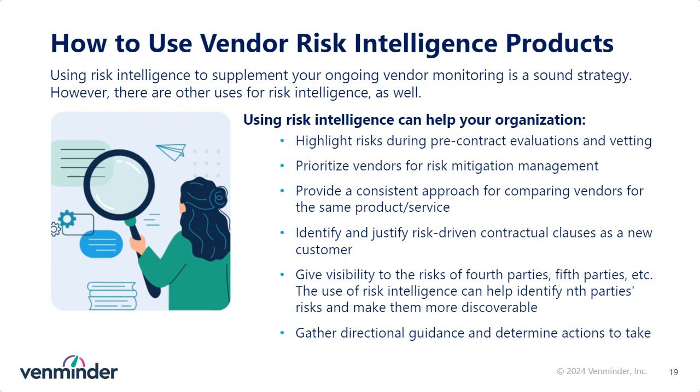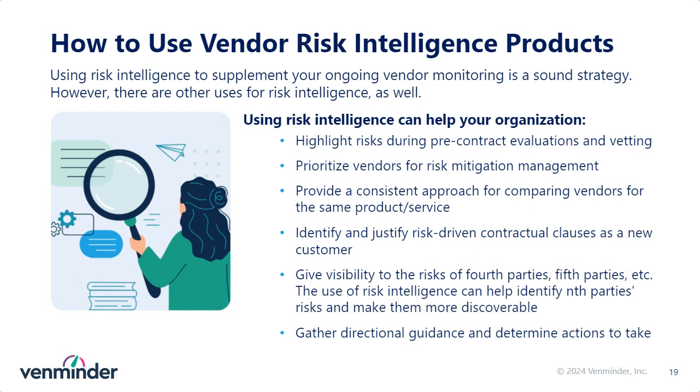emerging situation that I've been seeing personally, is far more requirements contractually around risk intelligence data. It also gives visibility to the risks of fourth parties, fifth parties, etc. The use of this risk intelligence data can help you identify these parties' risks and make them more discoverable, especially since you don't have a contractual relationship with these vendors and can't actually get documentation from them, most likely.